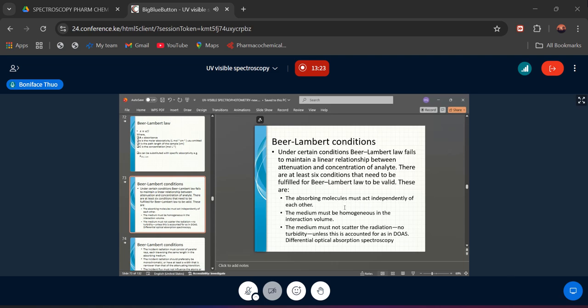So you expect that if you take a sample within that path of the light, you are likely to get the same quantities of the absorbing molecule. Also, the medium must not scatter the radiation. That means that the solution should not have particles, and this is achieved by proper filtration of the solution.